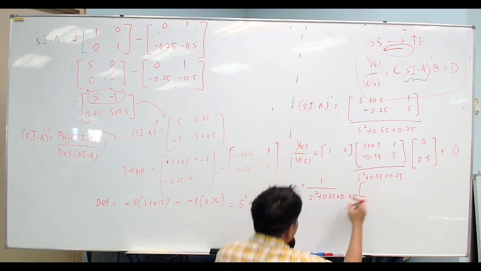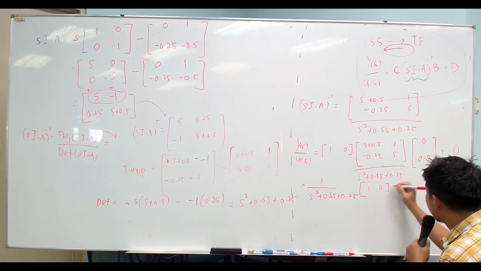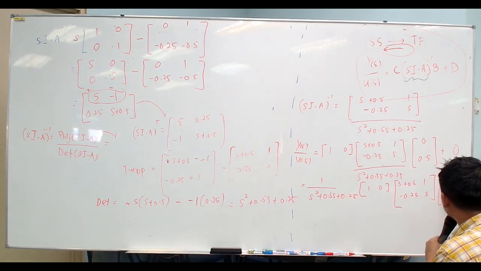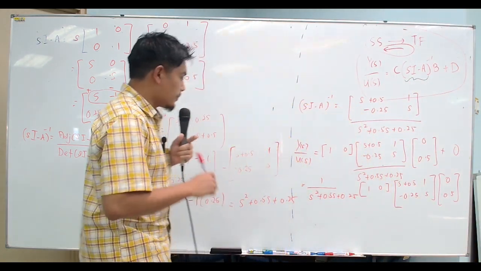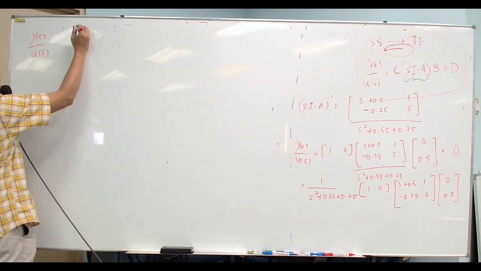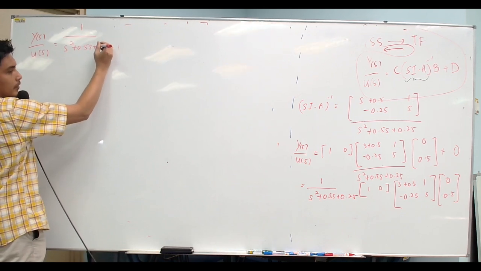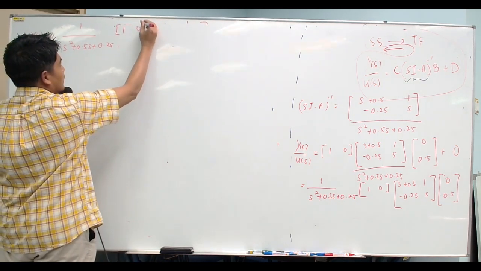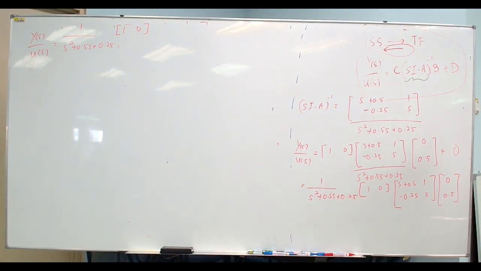So you can take out the denominator part and just leave the numerator part. You can do it like that, no problem. I told you that for the matrix, you need to solve from right to left.